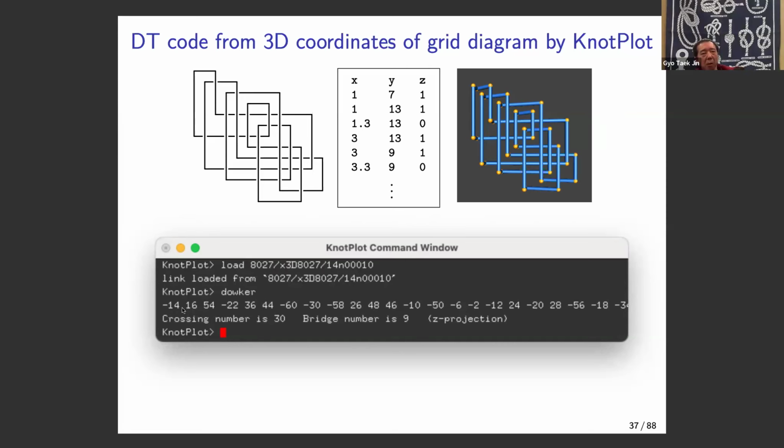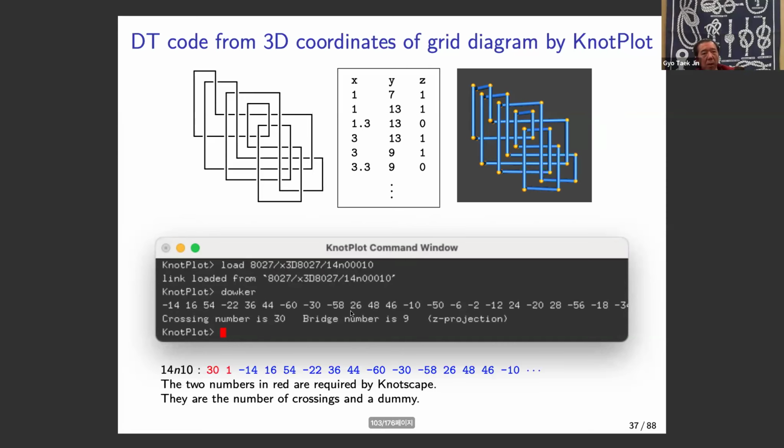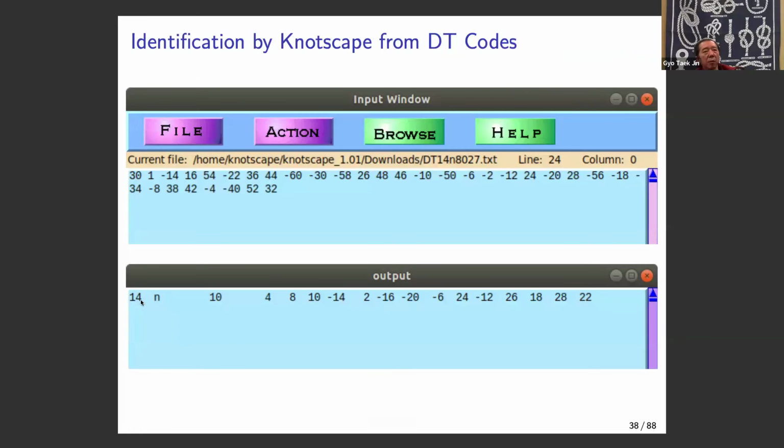So it gives this Dowker code. It has 30 crossings. So it shows how many crossings there are, and then in front of this Dowker code you add 30 and a dummy number, and then you ask Knotscape to read it, and then it returns 14 and 10.